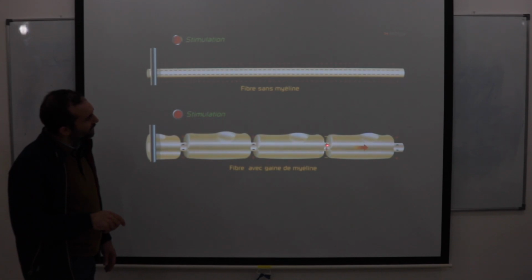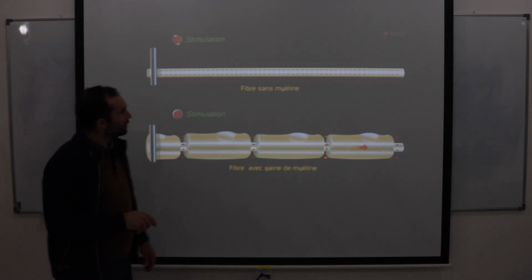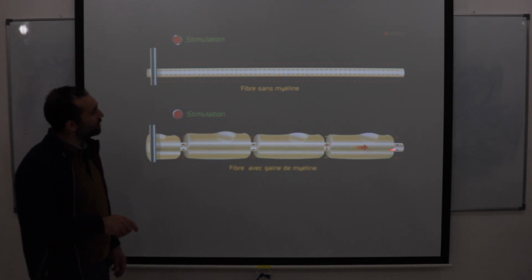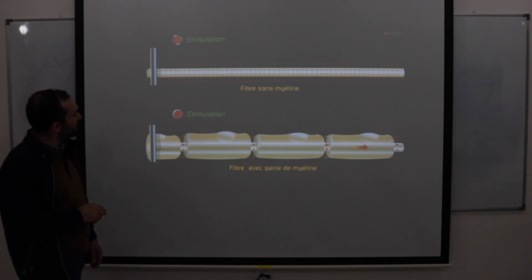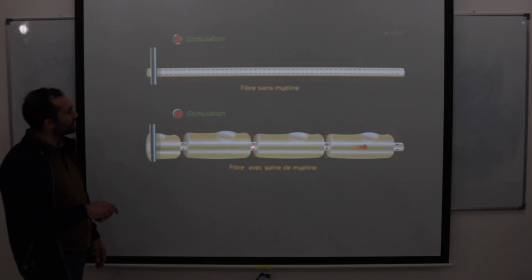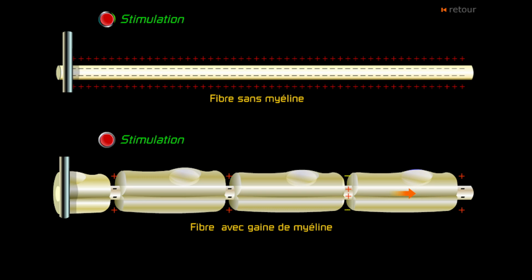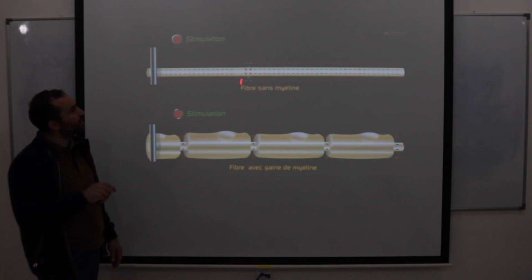It passes directly from this site that is called Ranvier node, and it passes directly to the next Ranvier node. So the action potential in the case of myelinated fibers jumps from one Ranvier node to the next, by the same mechanism that is responsible for the propagation in the non-myelinated. The mechanism is the same.